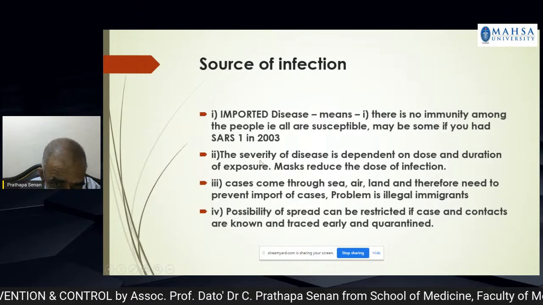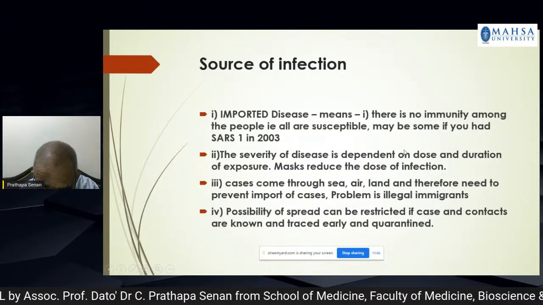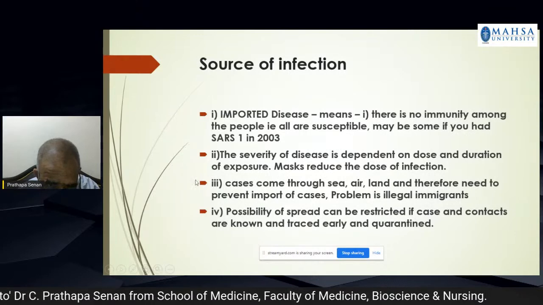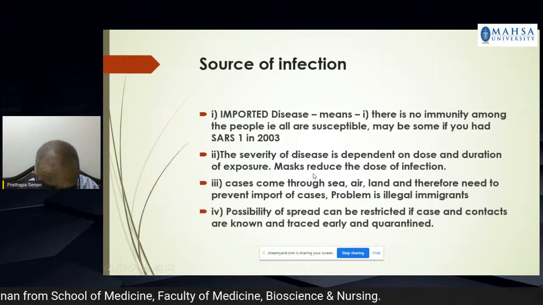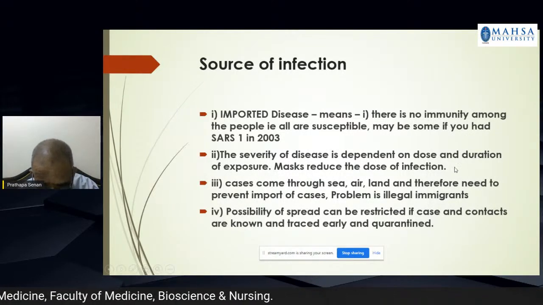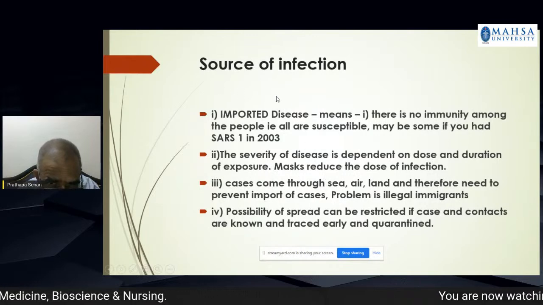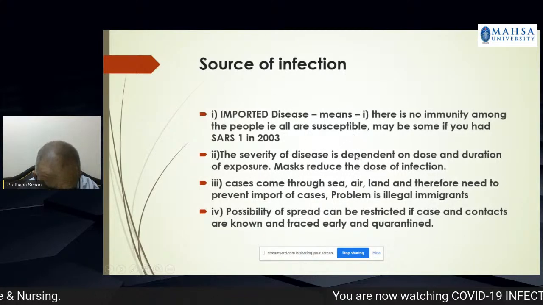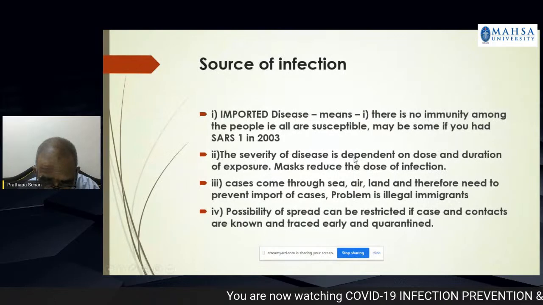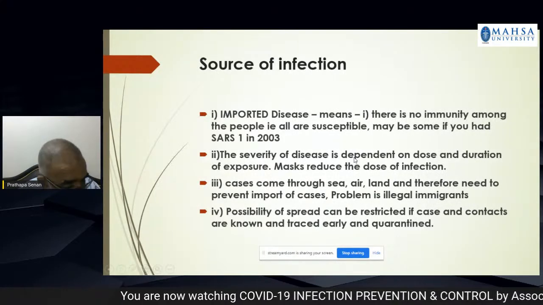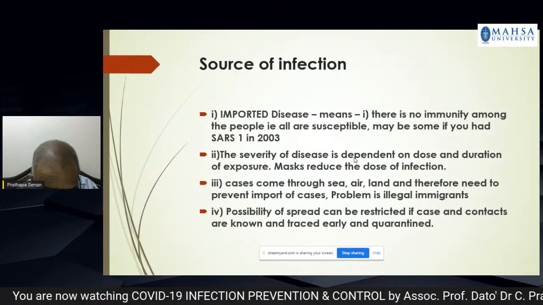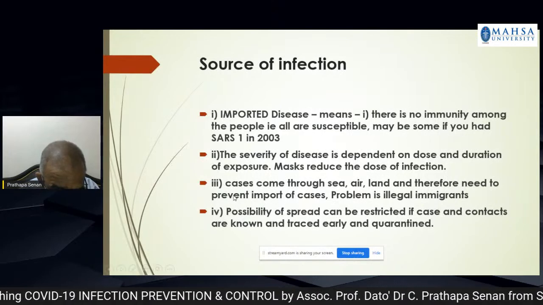The severity of the disease depends on the dose and duration of exposure. Masks reduce the dose of the infection. Since it's an imported new disease, your first dose will determine the severity of the disease you're going to have.